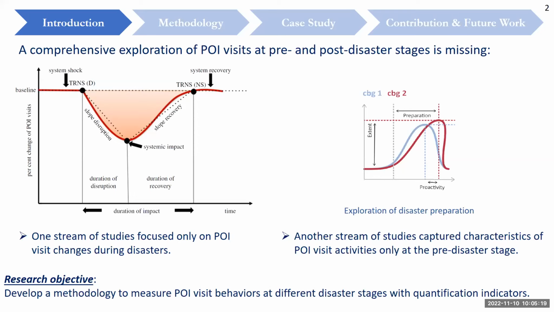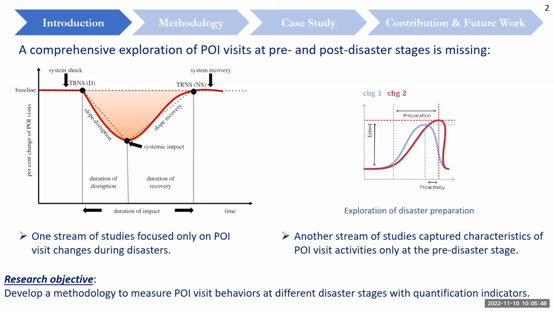After the disaster has passed, the system usually does not go back to the prior-disaster function level. It could return to better. We usually have a phrase, build back better, or sometimes it never returns to the previous state. So a real-world system is much more complex than the engineering system we traditionally see.